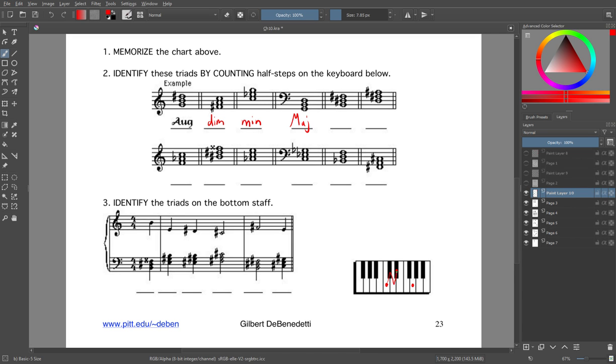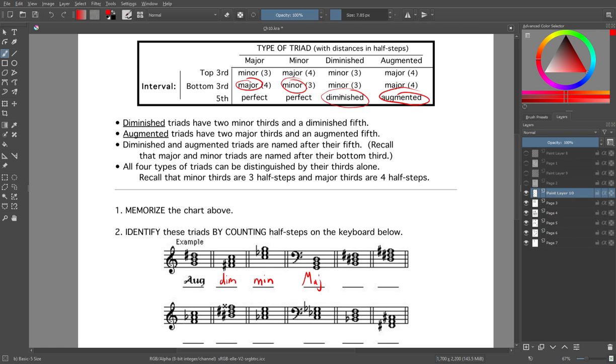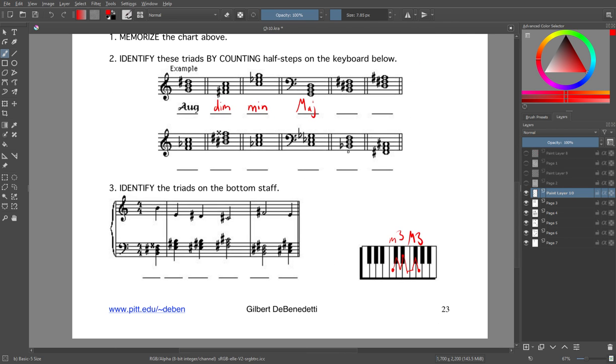We have 1, 2, 3, minor third, and 1, 2, 3, 4, major third. So if we have a minor third on bottom, major third on top, we have a minor triad. And the rest you can figure out on your own.